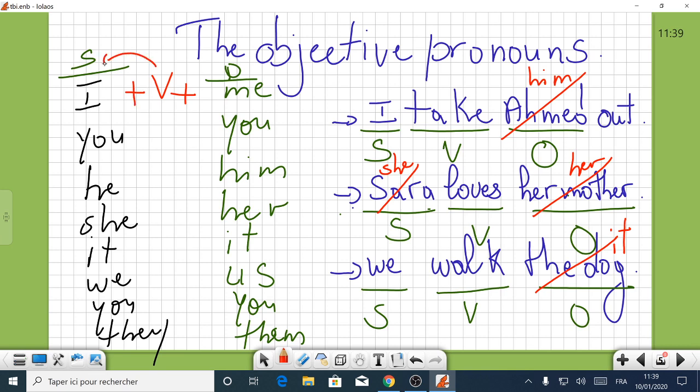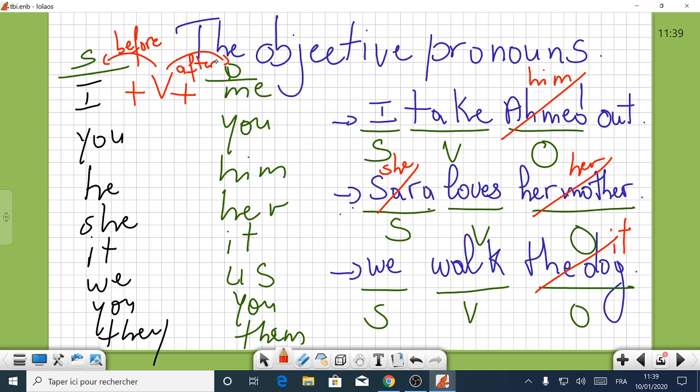When it is before the verb, that's a subject, and when it is after, that's an object. So here we have I, verb, and me. You becomes you, he becomes him, she becomes her, it becomes it, we becomes us, you becomes you, no change, and they, them.